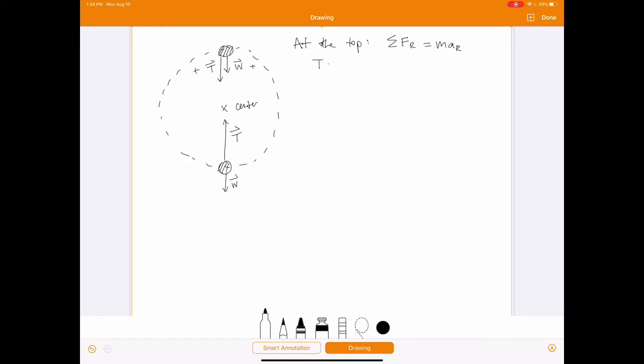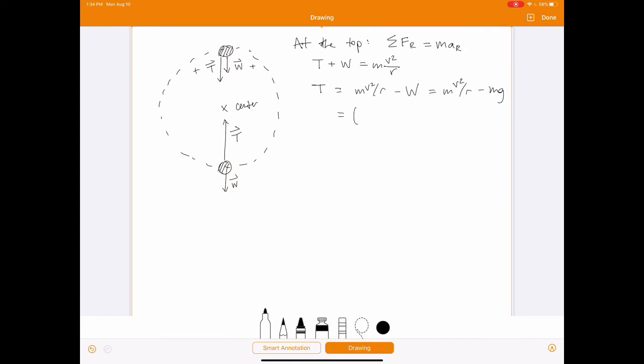So we'll have T plus W equals m, and the acceleration is v squared divided by r. That's pretty simple to deal with. We have T, which is the tension we want to find, equal to mv squared divided by r minus W. And that's the same as mv squared divided by r minus mg, because the weight is just mg.